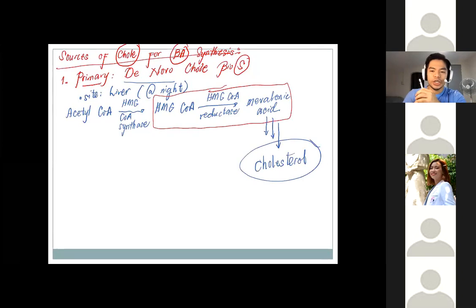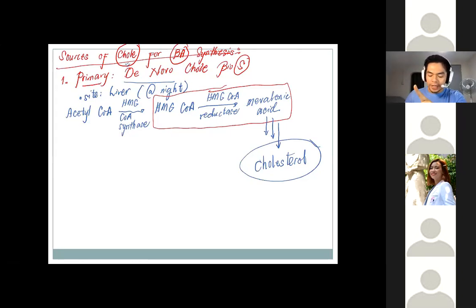Okay? So that results to succeeding processes that would eventually lead to cholesterol production. So that is the primary source of the liver para makabuo siya ng cholesterol.